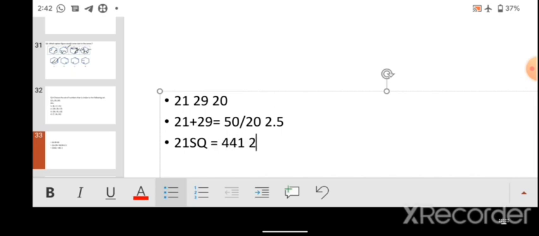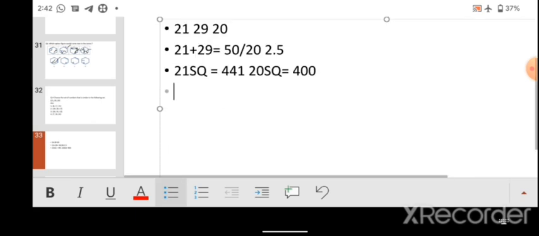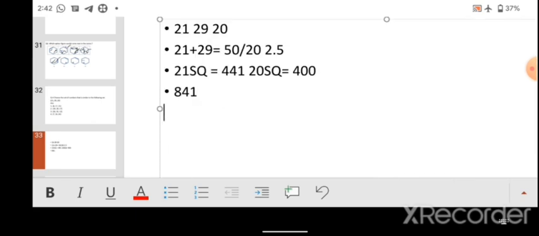Now 20 squared is 400. If we add these two, 400 and 441, we will get 841, which is equal to 29 squared. So the sum of squares of the first and third number gives the square of the second number, which is the logic here.